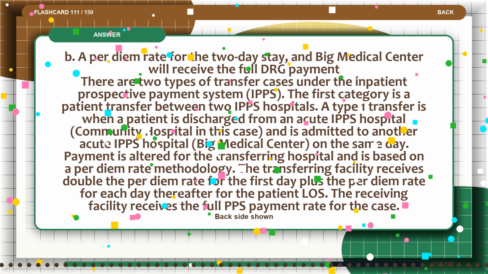Payment is altered for the transferring hospital and is based on a per diem rate methodology. The transferring facility receives double the per diem rate for the first day plus the per diem rate for each day thereafter for the patient loss. The receiving facility receives the full PPS payment rate for the case.